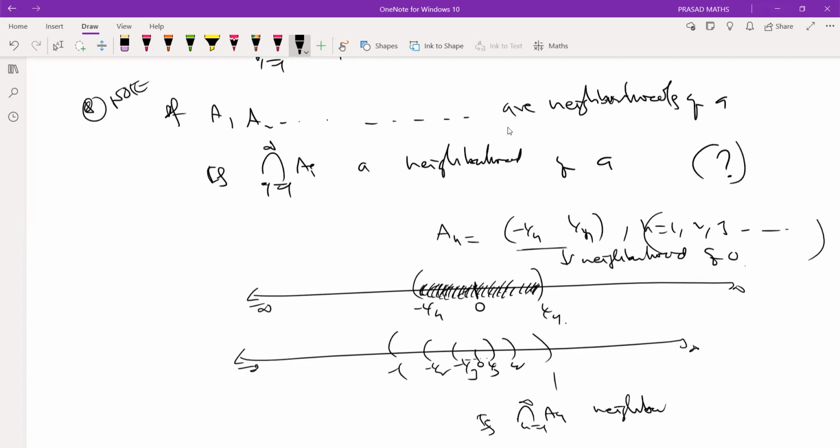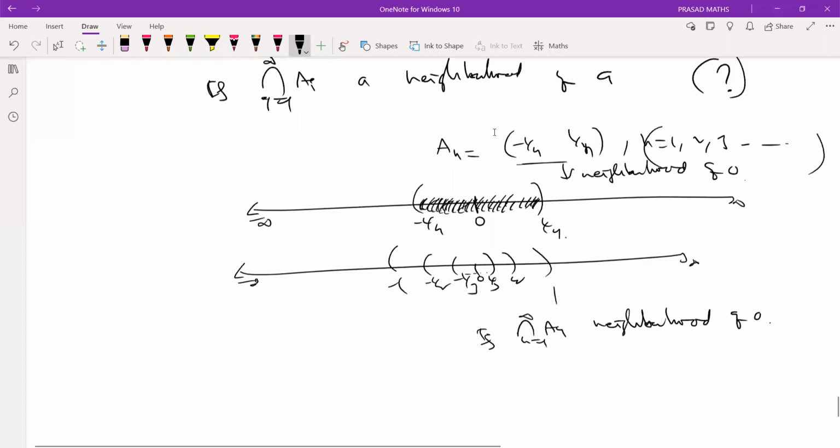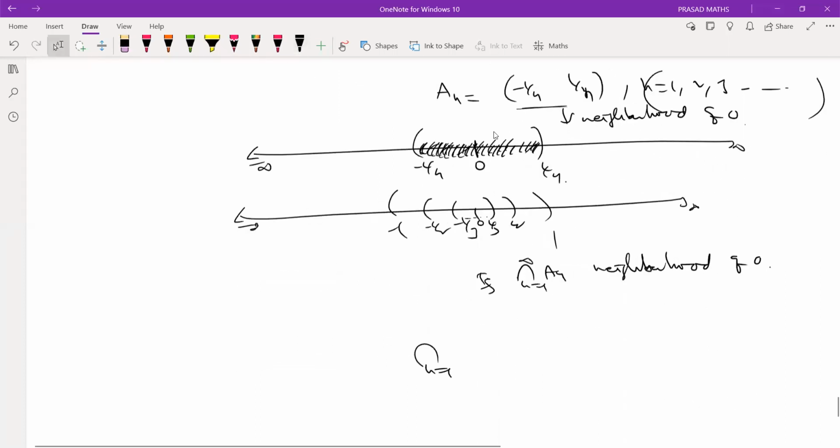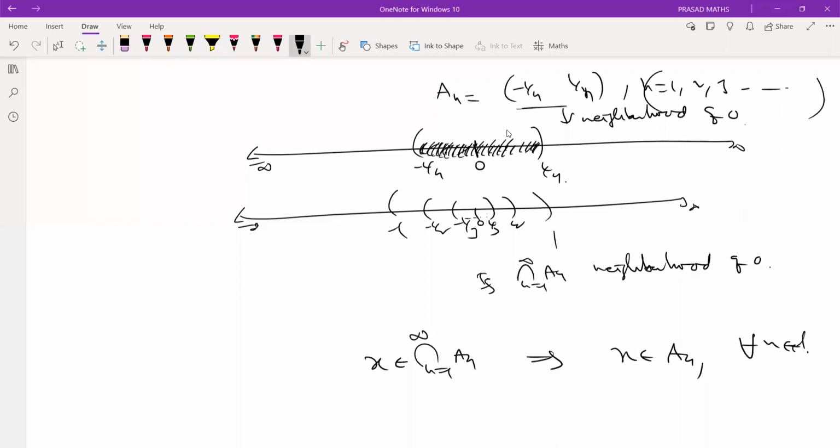No, sir. It is the singleton set {0}. What is the intersection? Use the chat box. The singleton set {0}, by the Archimedean property, or else you can take any standard result. You take any member x; it should be contained in each A_n. A_n is actually (-1/n, 1/n).